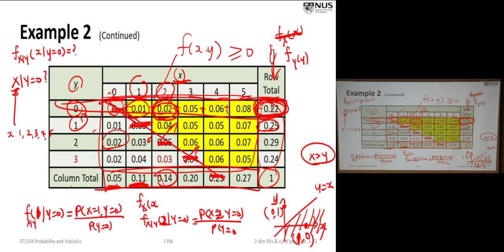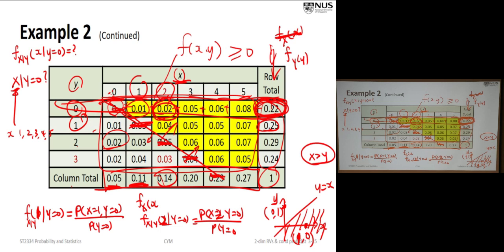What happens to x equal to 6? The probability of x equal to 6 is 0, because the joint PDF does not have any non-zero values for x equal to 6. So we only have 0, 1, 2, 3, 4, 5 for the random variable x based on this joint distribution.